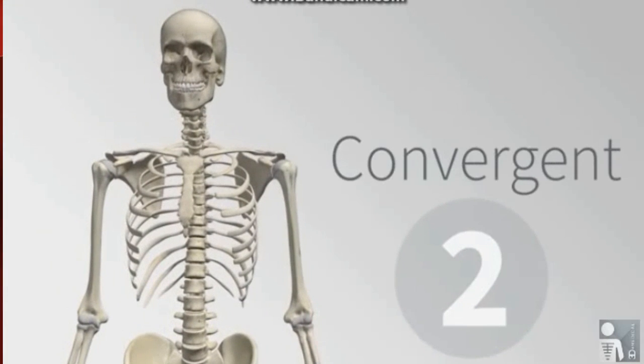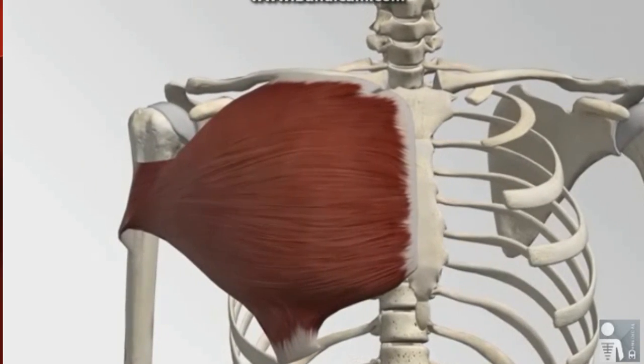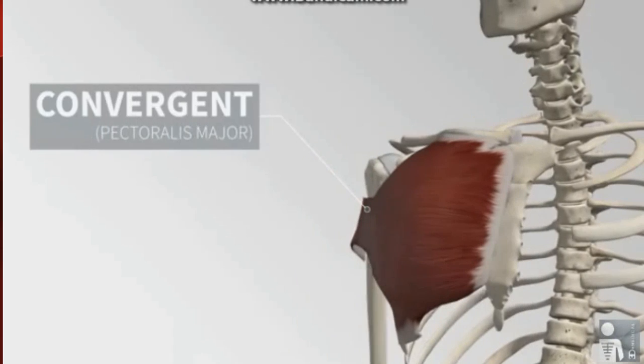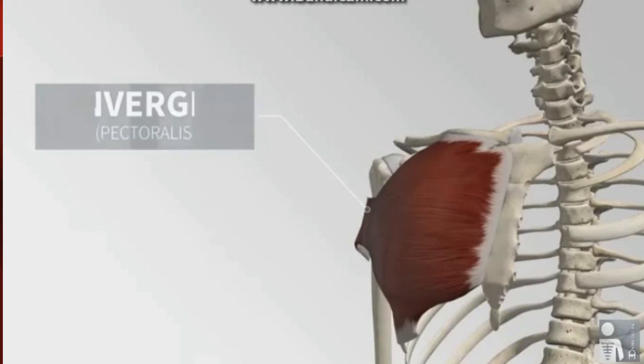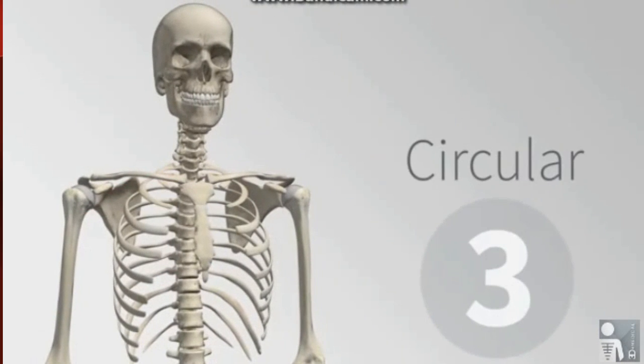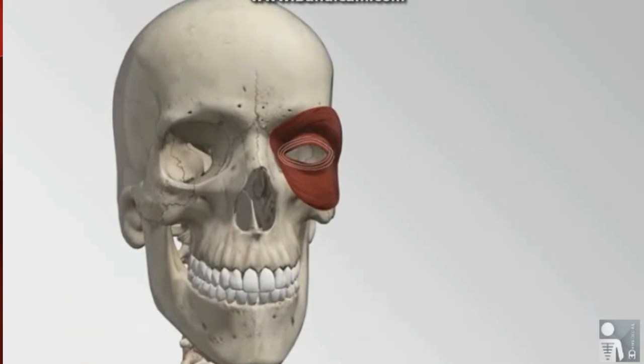Convergent muscles contain fibers that have a wide origin, but converge in order to attach to a narrow tendon. Circular skeletal muscles are made up of fibers that are arranged in a circular manner. They are found at points of openings where the contraction leads to a closure of that opening.